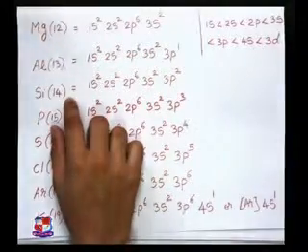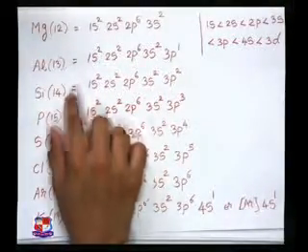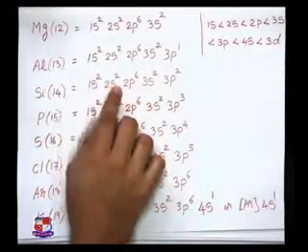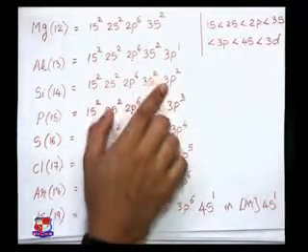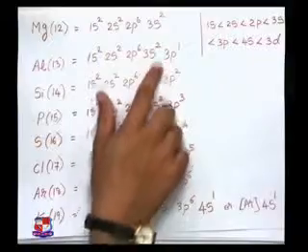Silicon has atomic number 14, and you write 1s2, 2s2, 2p6, 3s2, 3p2. How far can you proceed?